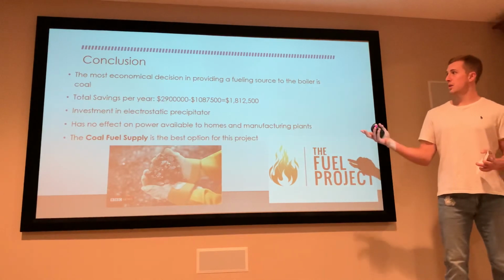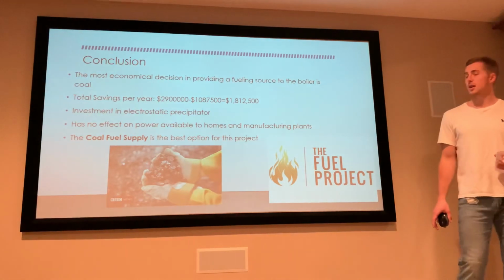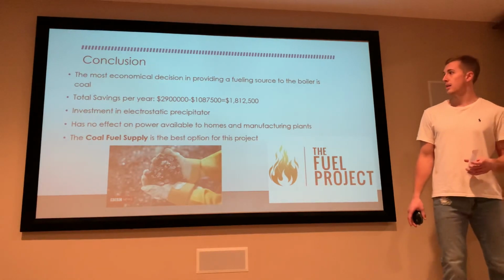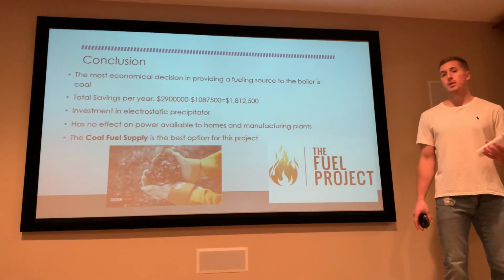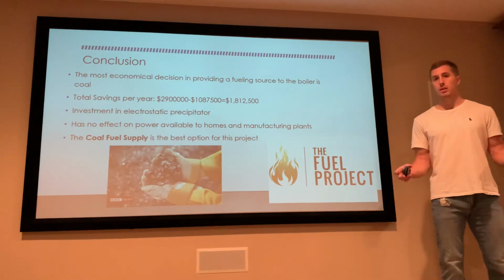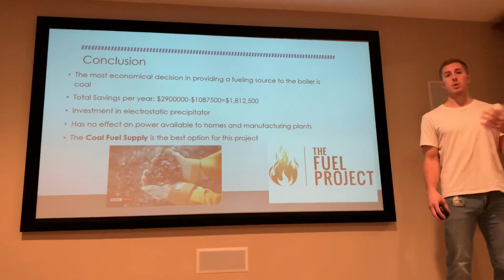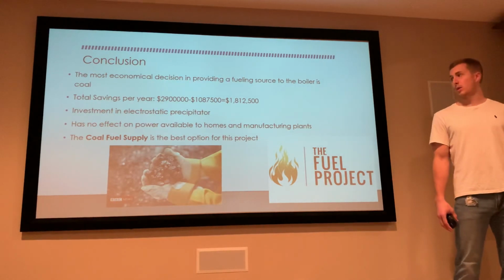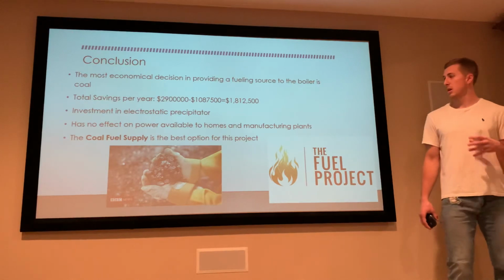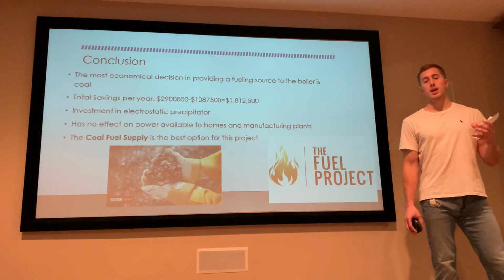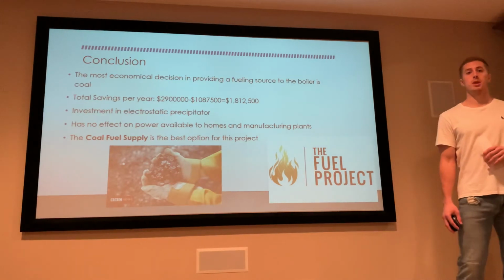Our total savings per year by choosing this option would be $1.8 million, and this also has no effect on the power of the homes and the manufacturing plants around it, because they all require gas and oil. And I just believe that the coal fuel supply is the best option for this project, and it should serve our plant and our company much better in the future.